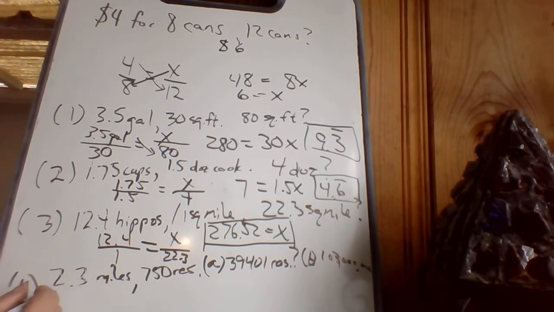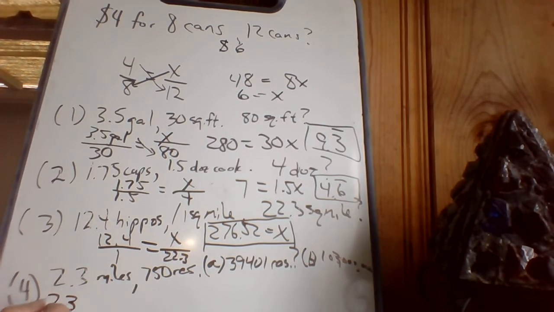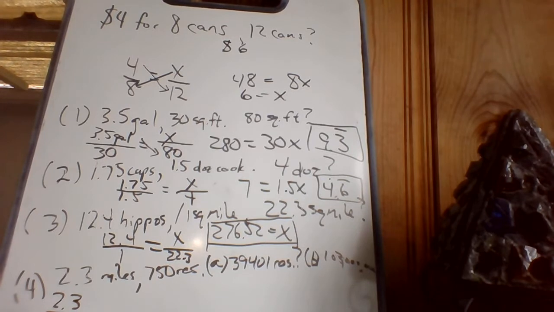Now this one has an A and a B, but the left-hand fraction is the same both times. 2.3 goes with 750 residents. Whatever number goes with 39,401 residents.